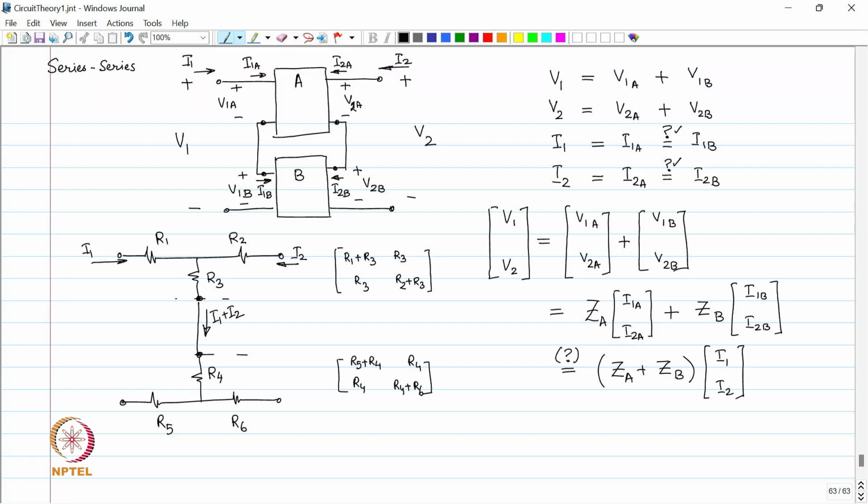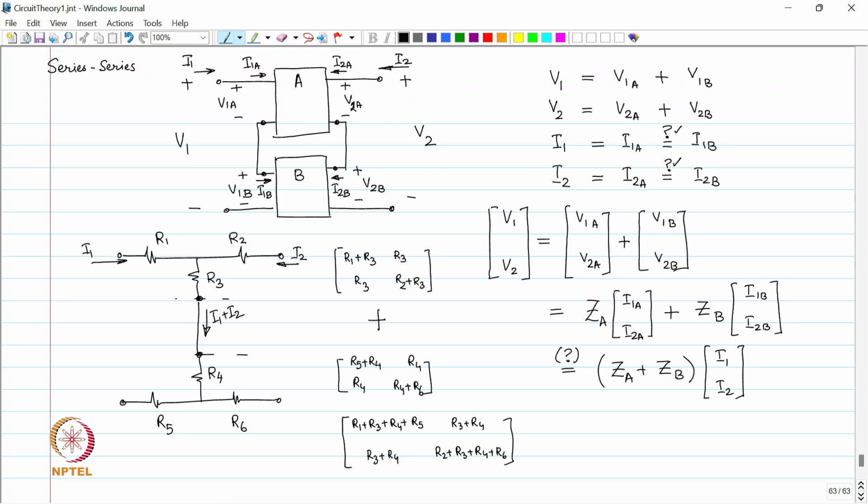All right. And what will I have as my net 2 port parameters? Net 2 port parameters will be the sum of these two, and I should get R1 plus R3 plus R4 plus R5, and over here R2 plus R3 plus R4 plus R6, and here R3 plus R4, and here R3 plus R4.